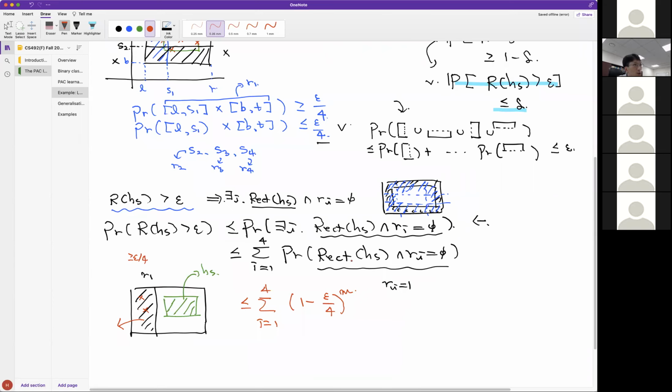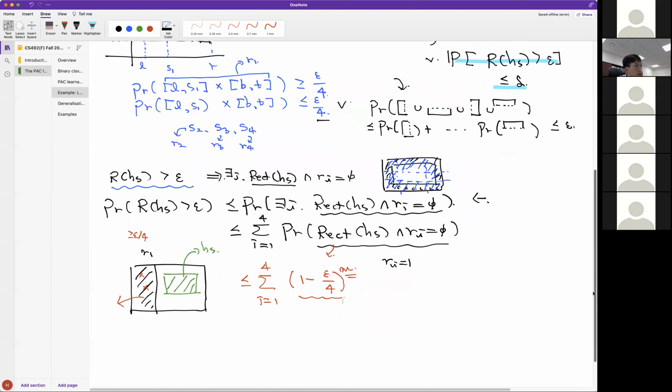So that's the bound of this quantity. And then we can use the formula, which comes because 1 minus x is bounded by e to the minus x. So this is always true.